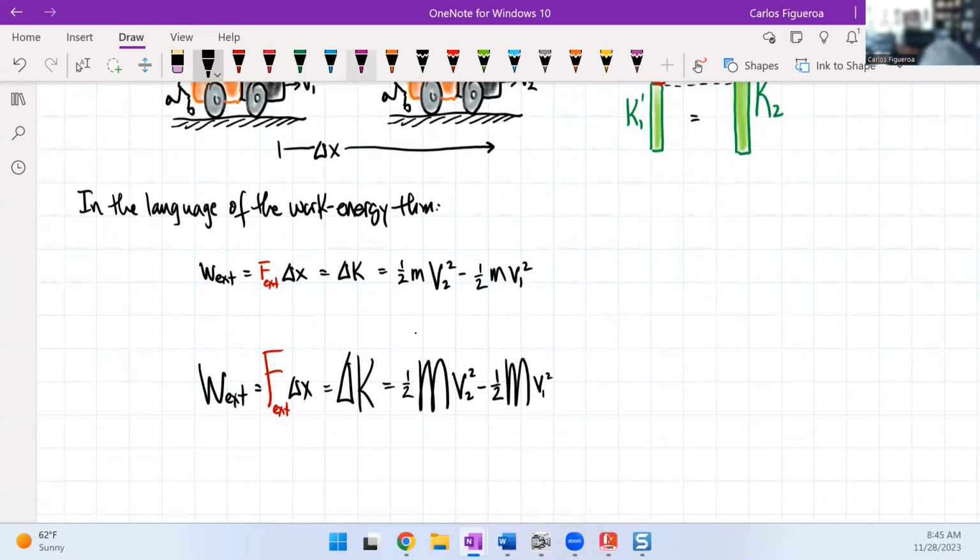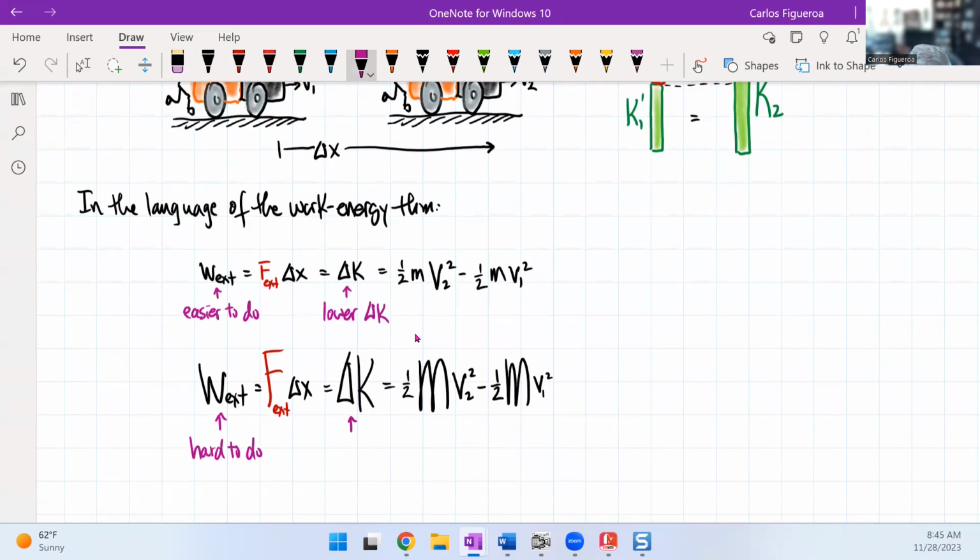So again, in our language, we said this was easier to do. This was harder to do. And as a consequence, we end up with a lower change in kinetic energy.